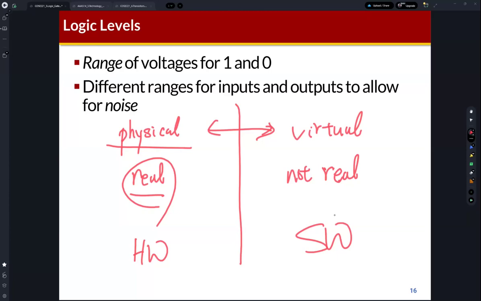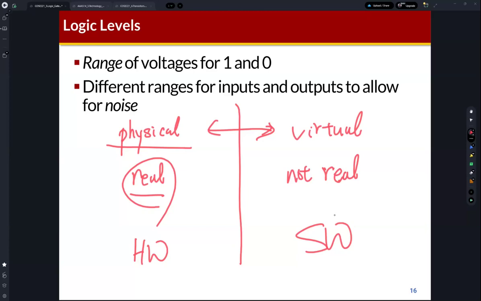You can easily hear terminologies such as physical or virtual. Physical means the real aspects of the system, and virtual means some software related aspect. Okay, so you can just understand it like this.